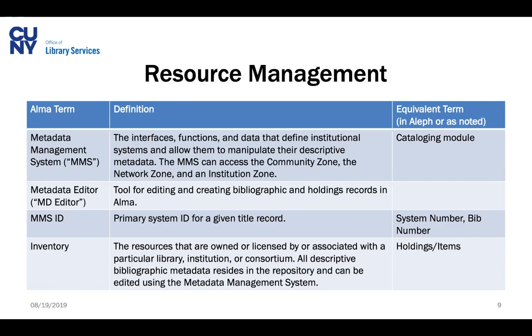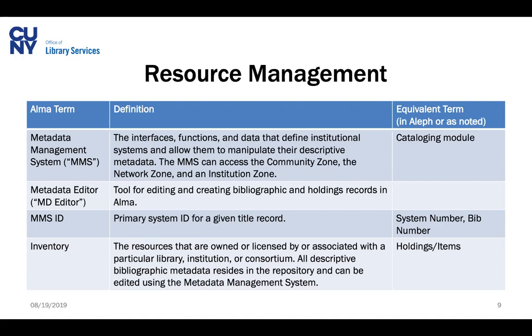The metadata management system is an updated term with a broader scope, which is commonly used in the web community. It goes beyond the traditional management of cataloging data, which has been used more in the library community. So the MMS is equivalent to Aleph's cataloging module.